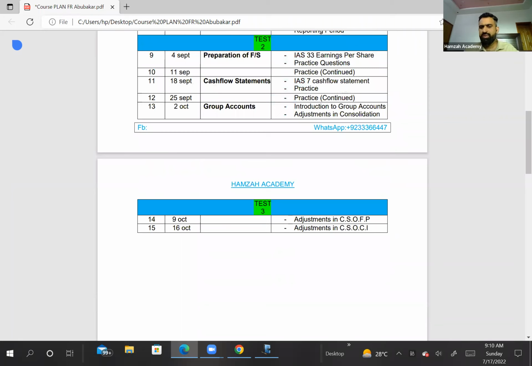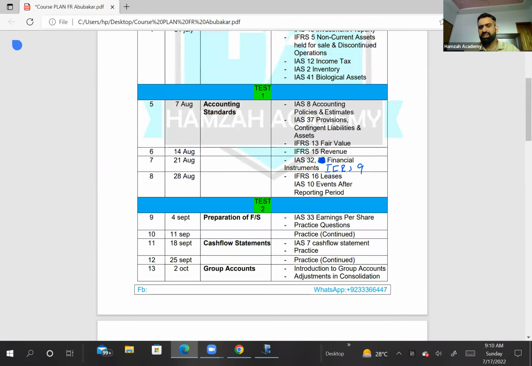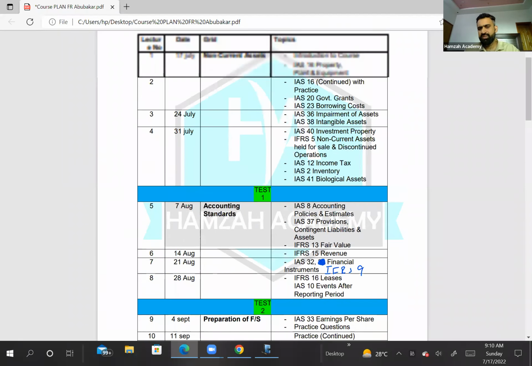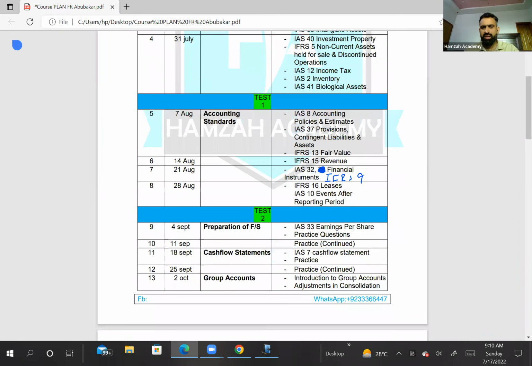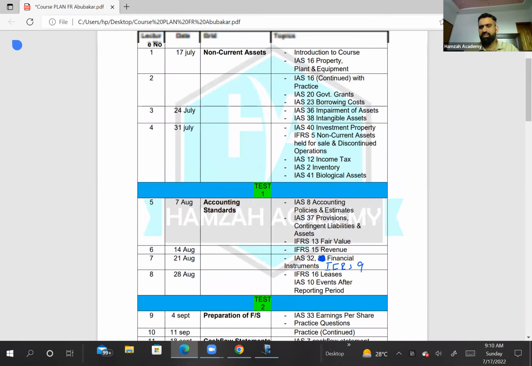Adjustments, which we will learn in the consolidated statement of financial position and consolidated statement of comprehensive income. So that is the course plan, and this is your syllabus, which we will study in FR, in the F7 paper.